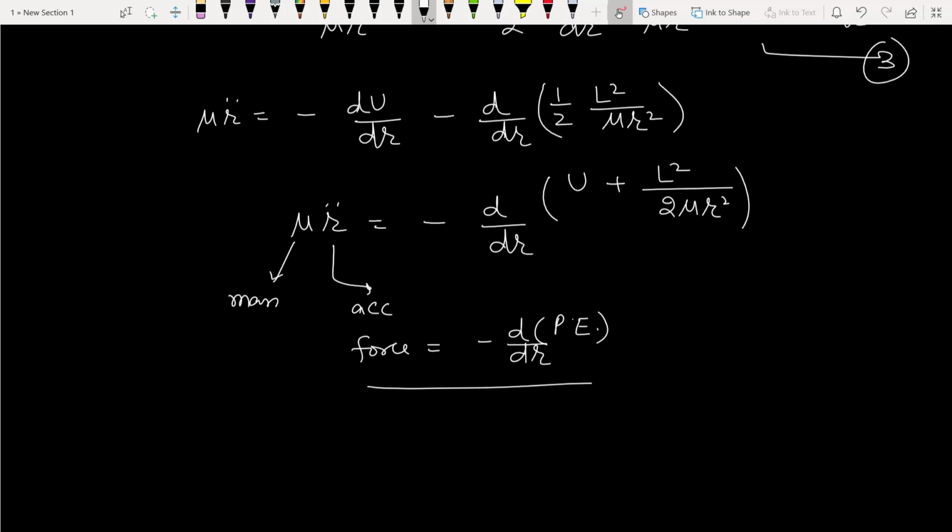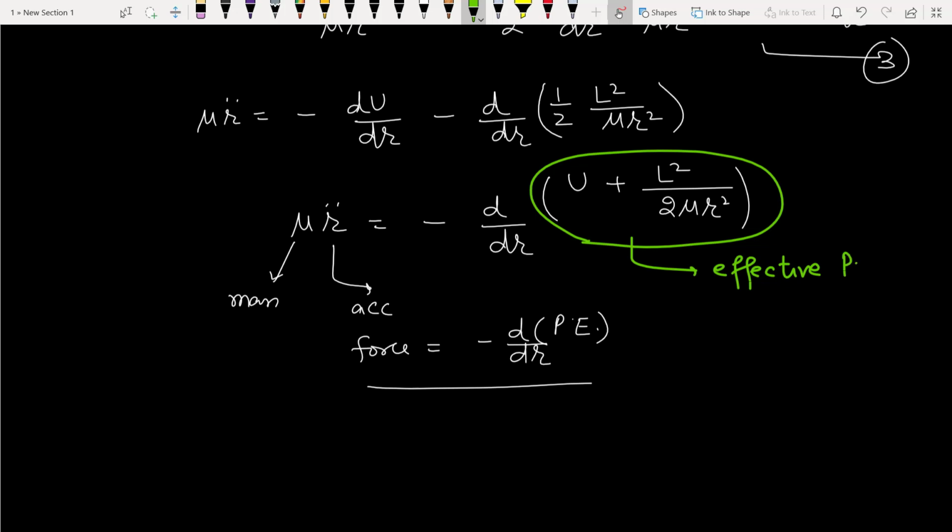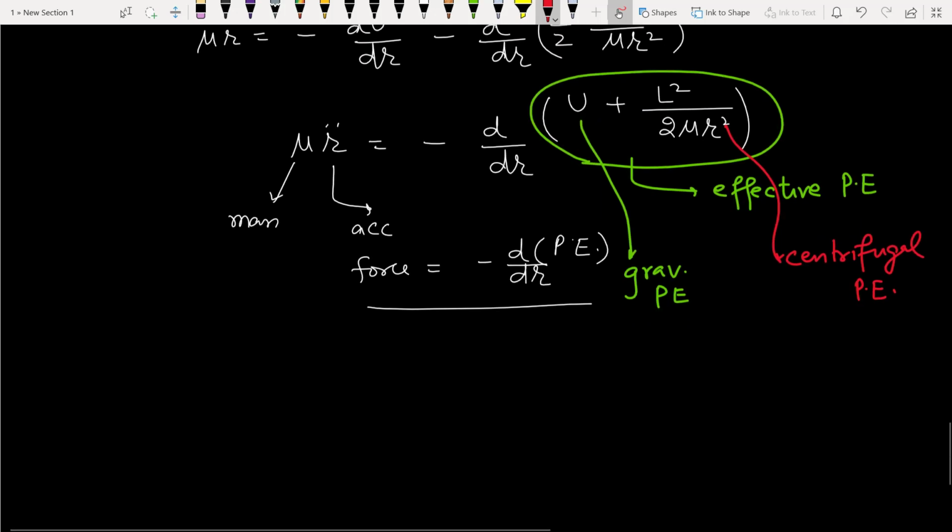So the term in this bracket is called the effective potential energy of the system, and it involves two terms: gravitational potential energy and the second term, centrifugal potential energy. So the question raised at the start of the article is answered.